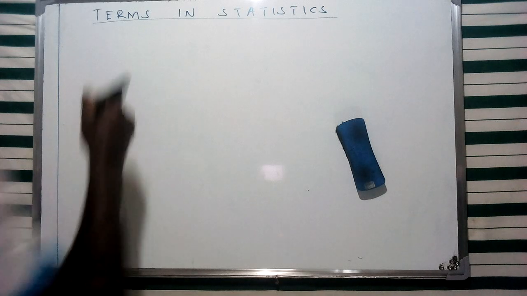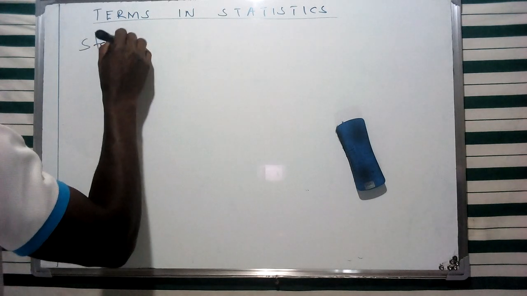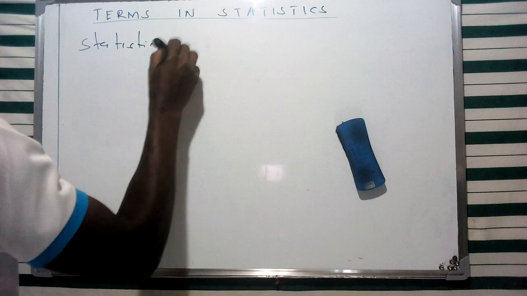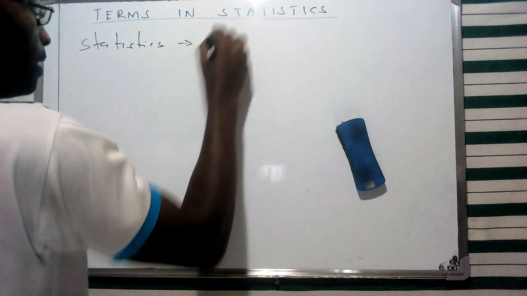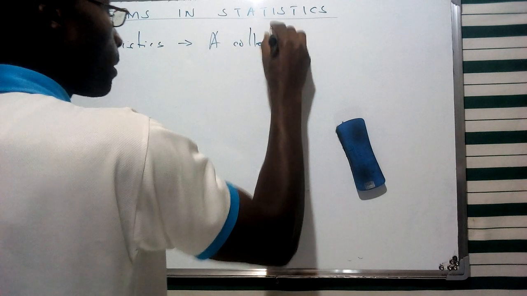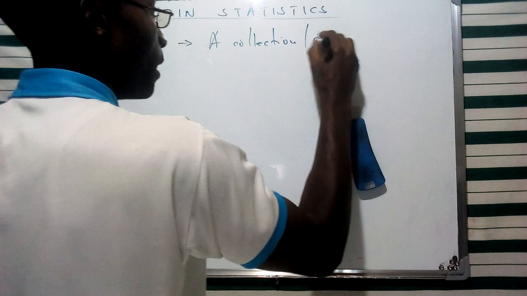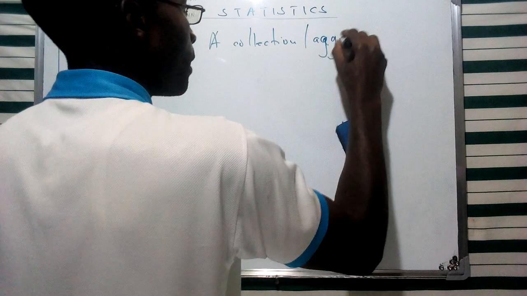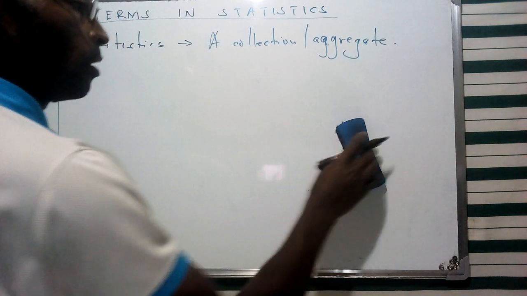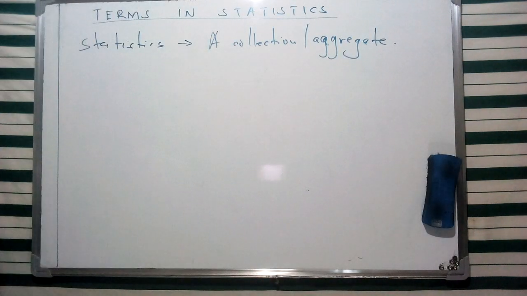Now, to start with, the term statistics basically refers to a collection or an aggregate of numerical facts. And this gives us a general definition of the concept of statistics.